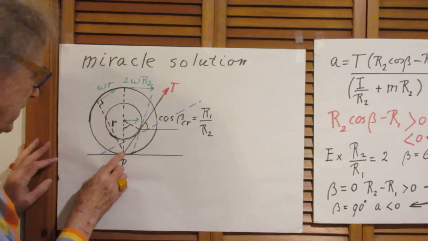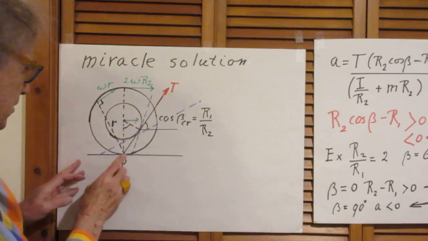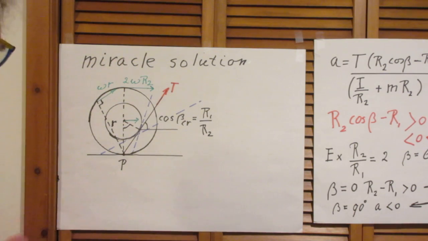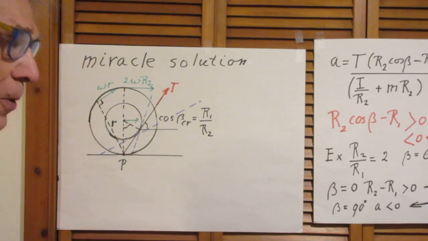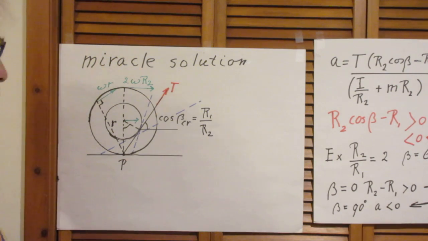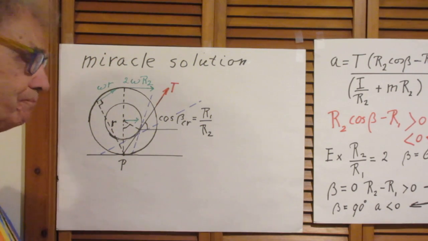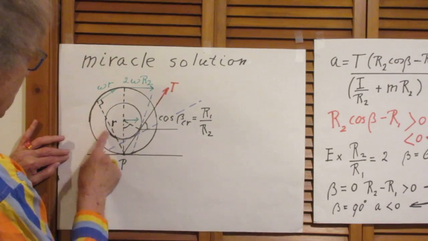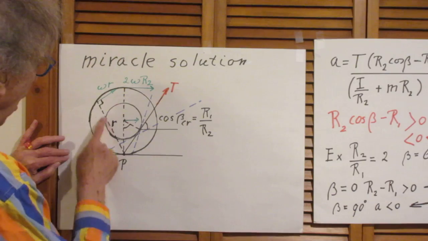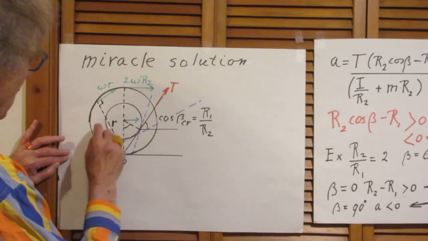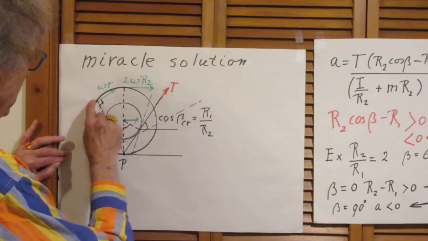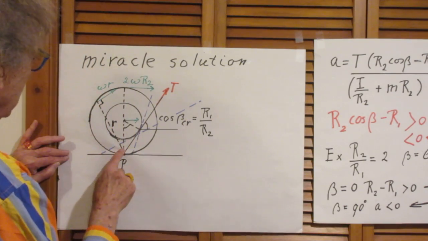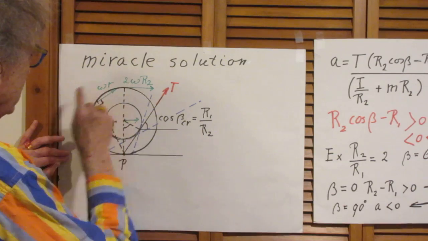If we take point P itself, the distance from point P to point P is 0. So that's consistent with the fact that it must stand still, because omega times 0 is 0. If we choose a point at the circumference, which has a distance r from point P, then the velocity of that point, perpendicular to this line, would be omega times small r.